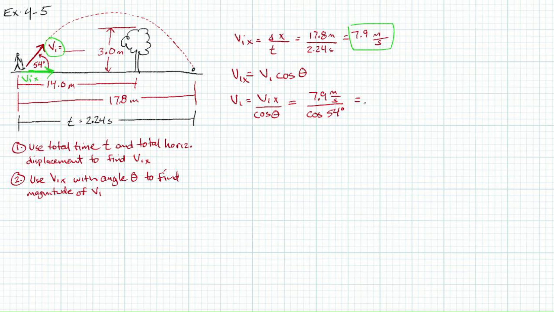So 7.9 divided by the cosine of 54 is 13.4 meters per second. We actually don't need to calculate the direction because we're already given the direction right here, 54 degrees above the horizontal. So this is simply the magnitude of the initial velocity as it leaves the club. It's that velocity right there, leaving the club and being projected upwards at 54 degrees above the horizontal. And that's it for part A. So now let's look at part B.